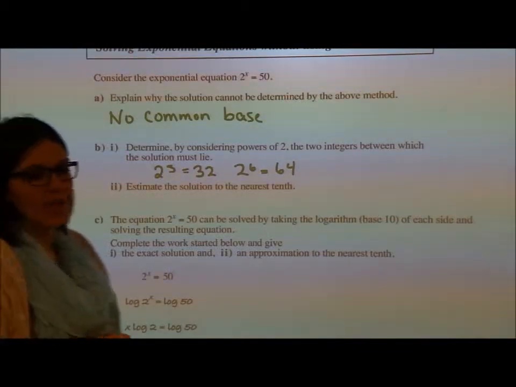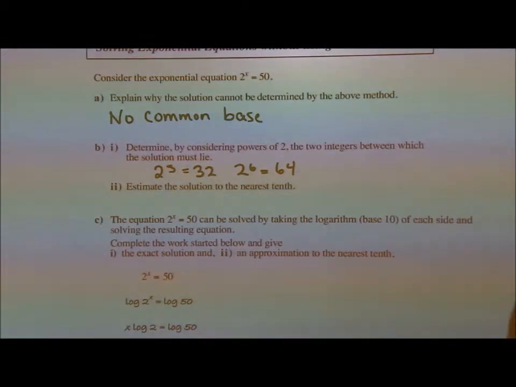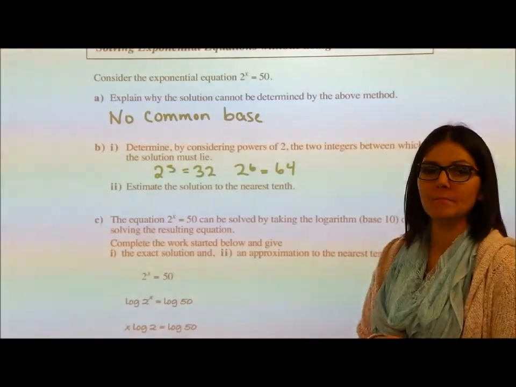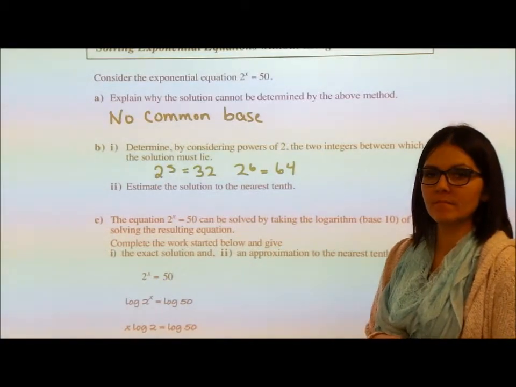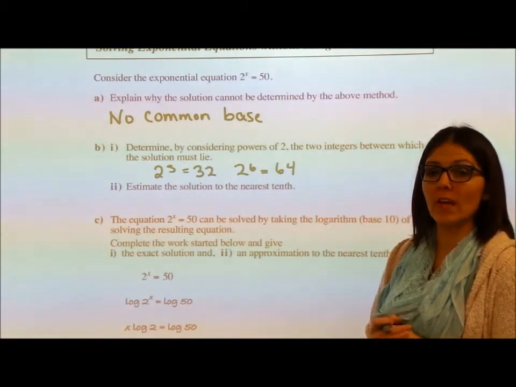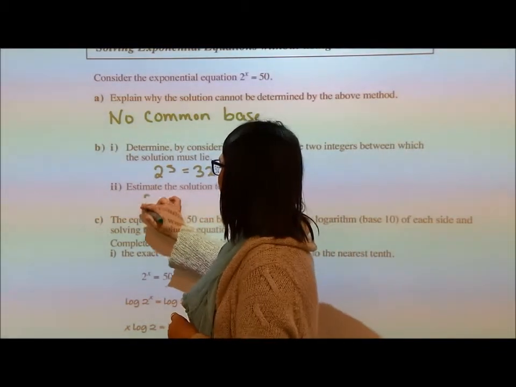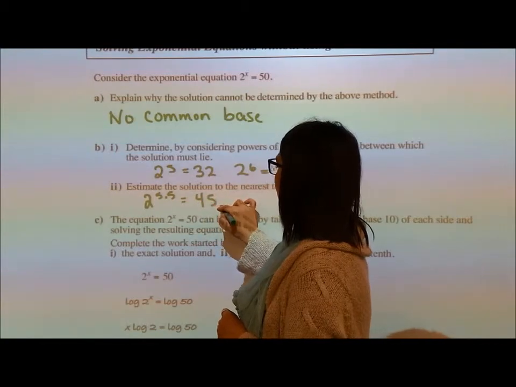Can I get that a little bit closer, to the nearest tenth? How could I find to the nearest tenth what my closest solution would be? Guess and check. What are you guessing and checking right now, Rachel? Well, I started at 2 to the power of 5.5. And what did you get? 45.25.